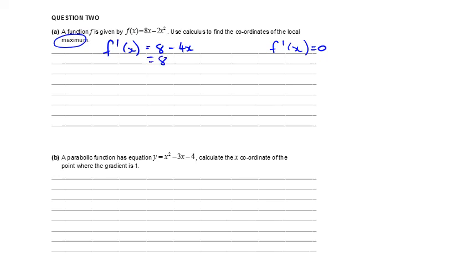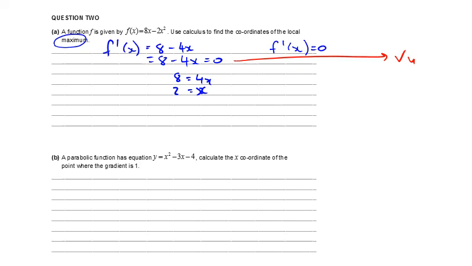So if I had done 8 minus 4x equals 0, that would have given me an achieved tick. And if I'd done that far, then it's not that much more to get an answer of x equals 2, is it?